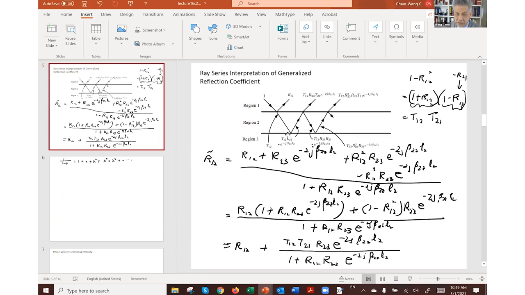You will see a reflected ray from the first interface, then a second reflected ray from the second interface transmitted again, and then a third reflected ray. This is sometimes called an echo series because it sounds like the sound wave is reverberating through this layered medium, bouncing back and forth before it reemerges again as another ray. But this is called a ray series in optics.